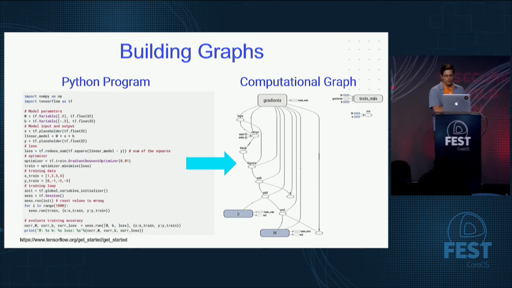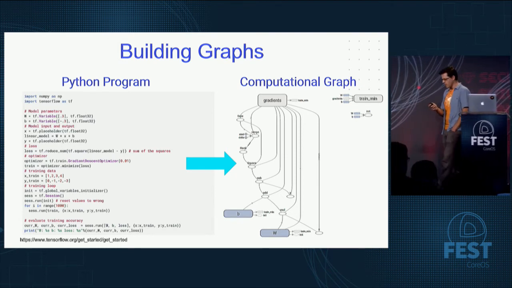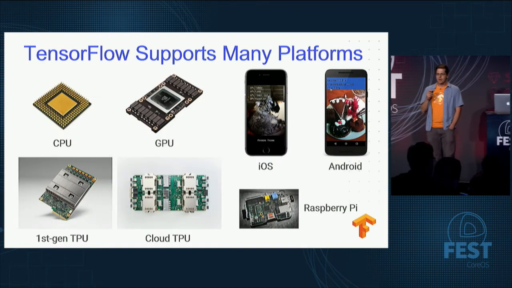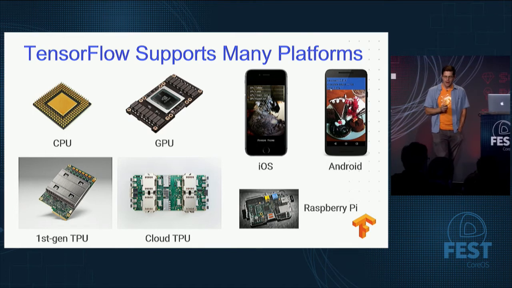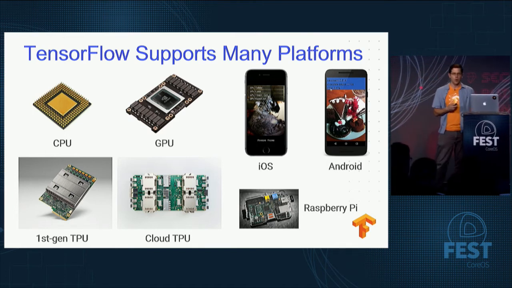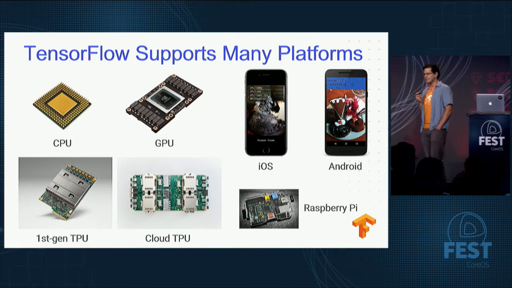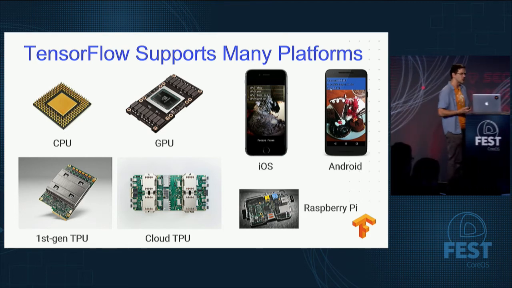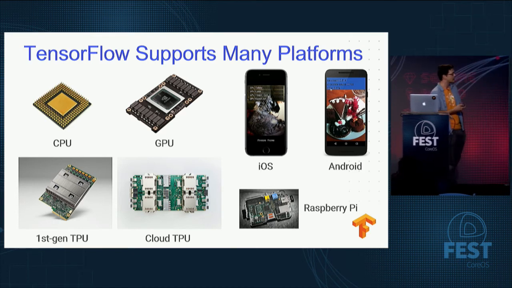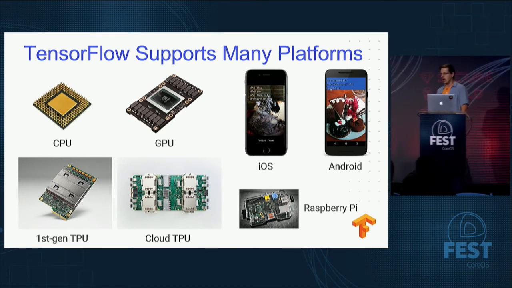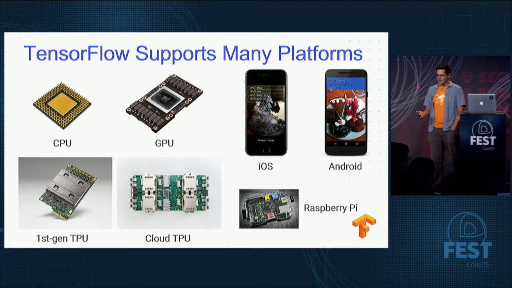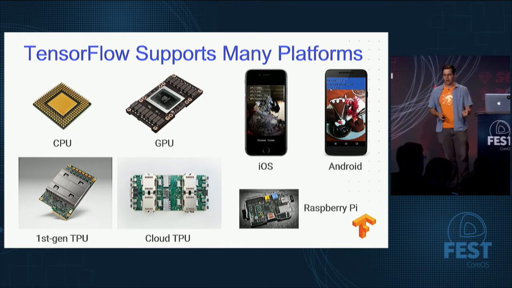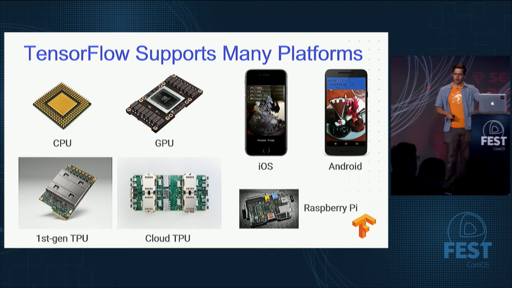And the third reason we make graphs like this is for portability. If we were just writing code in our language of choice, it would be much harder to get it to run on all of the platforms we want it to run on. TensorFlow is very cross-platform. And the TensorFlow graphs, the computation graphs that it outputs, are completely platform agnostic. It's a lot like many programming languages. There's effectively a language runtime that you install, and it's independent of your program.